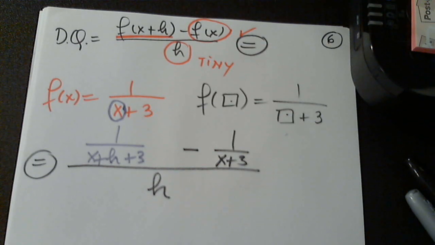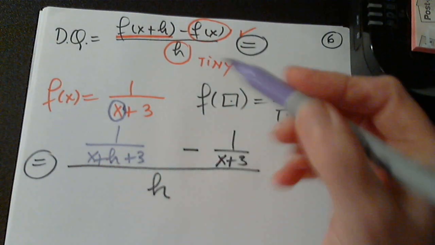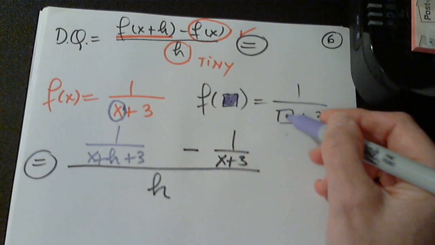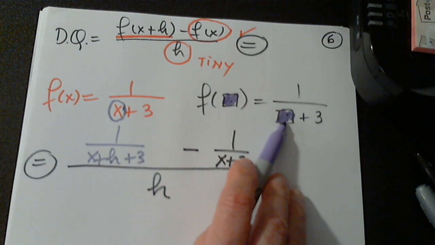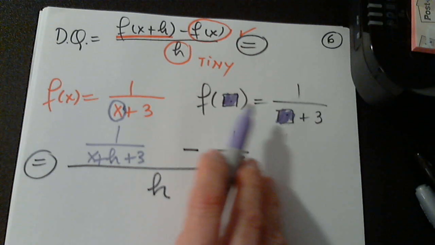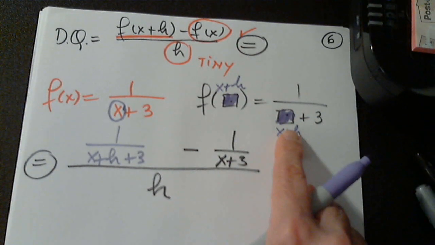Is h just supposed to be whatever goes in the denominator, or can it just be? So let's look at the pattern. If I want 10 here, I will put 10 here. If I want the x plus h here, I have to put x plus h here.